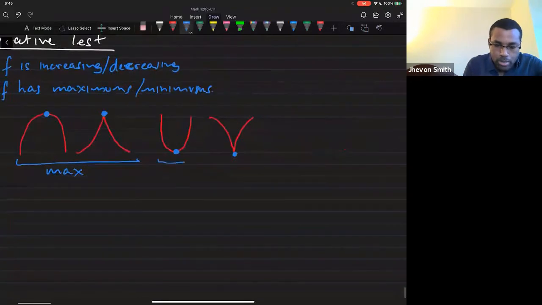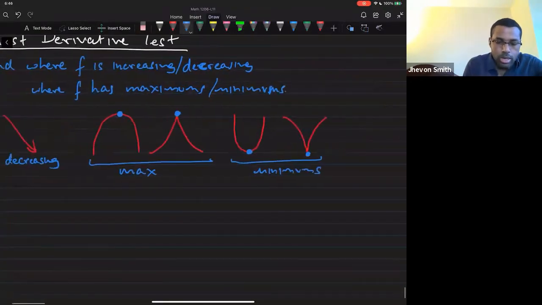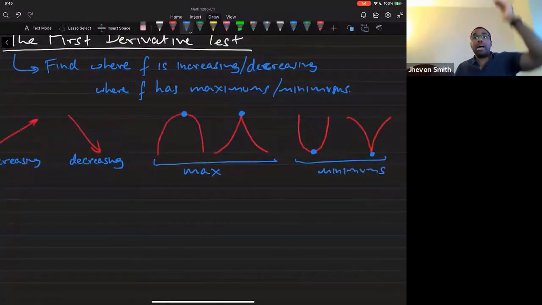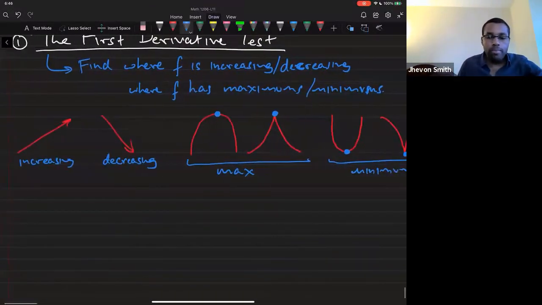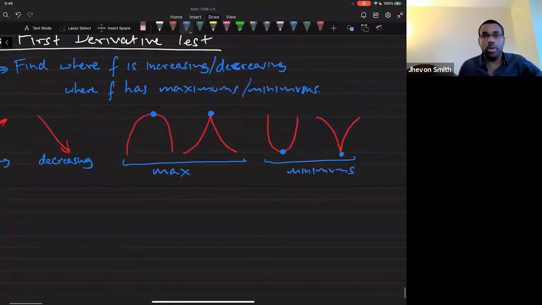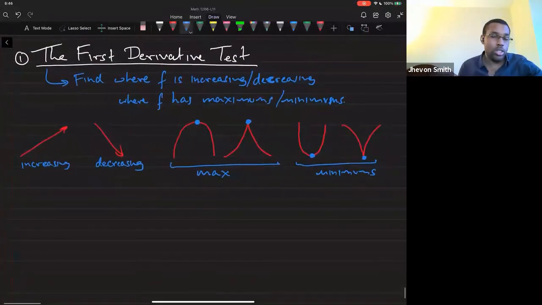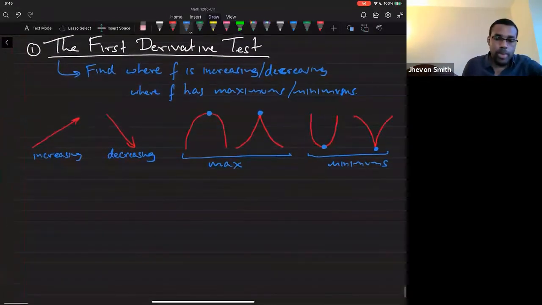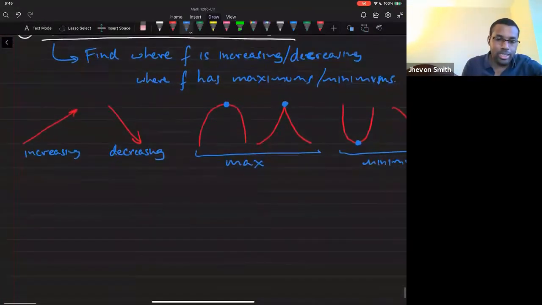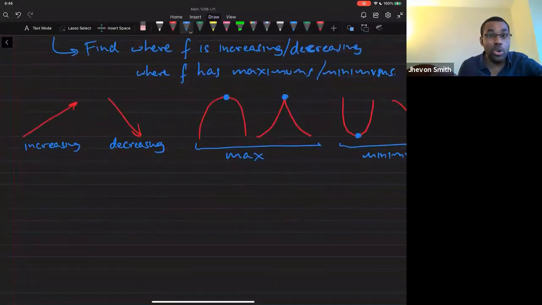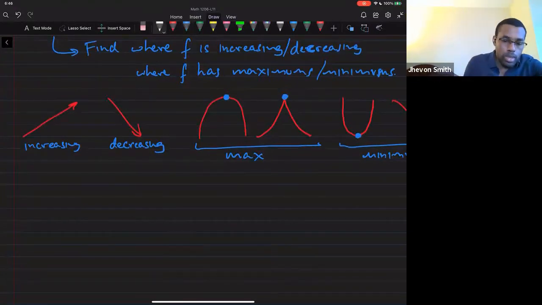And here are some examples of what minimums would look like. So max is like the highest point in some region, and the min is like the lowest point in some region. Turns out you can use the first derivative test to identify all of these behaviors. And I'm essentially going to tell you about the test in terms of how you would actually go about doing it.